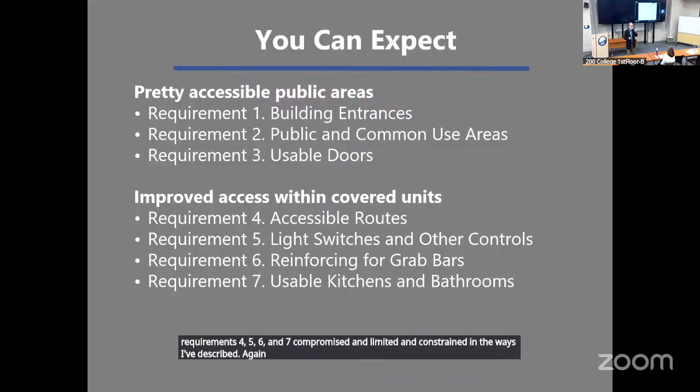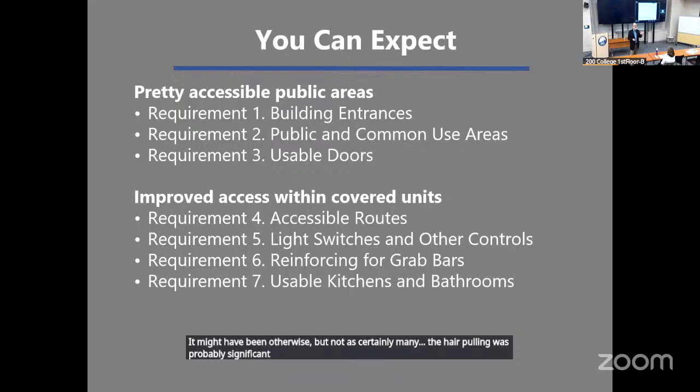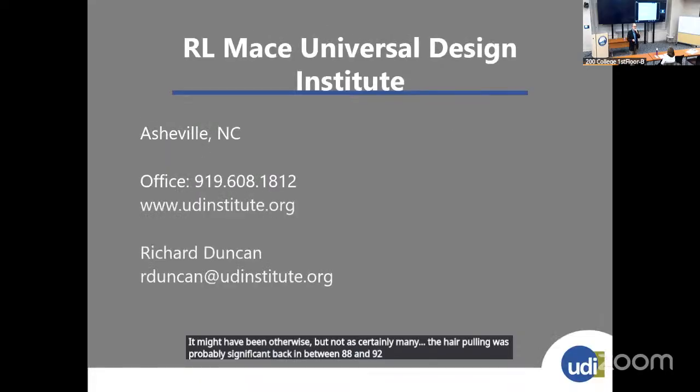Again, this was not an advocacy document. This was a highly compromised document between the advocacy forces and the industry and government. So that's why you wound up with this. Better than it might have been otherwise, but not as good as many would like. The hair pulling was probably significant between 88 and 92 when some of this stuff came out.